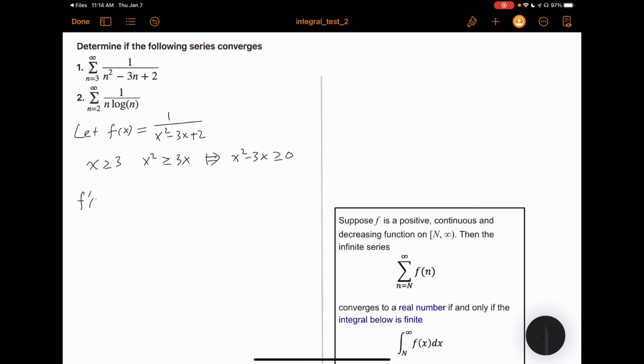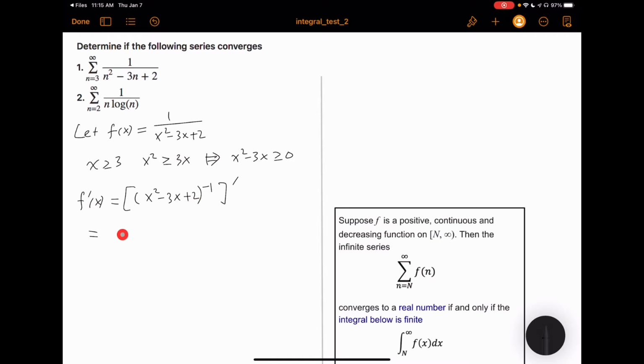So f prime x is equal to, first let's write f(x) as x squared subtract 3x plus 2 to the negative 1. We look at the derivative of this. And this is a composite function, so we have to use the chain rule. We start from the outside function, which is a power of negative 1.